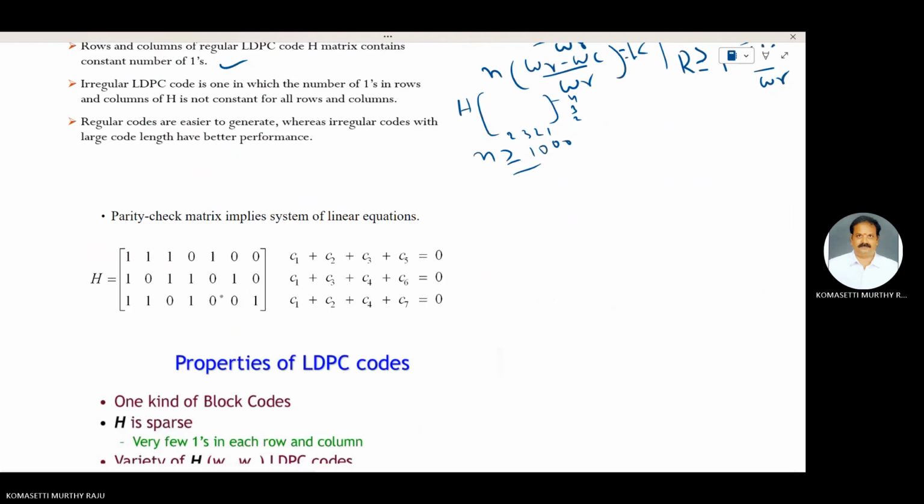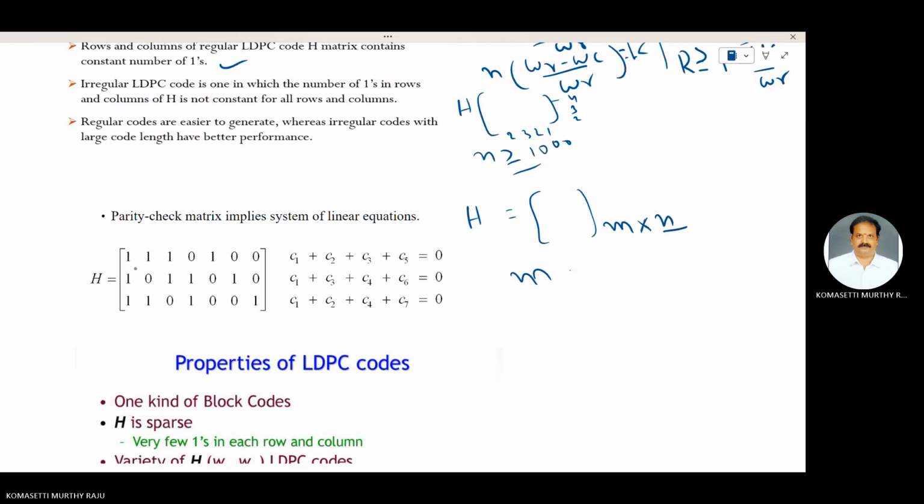This is the parity check matrix. Generally, the dimensions of H are m cross n, where m is the number of parity check equations, or the number of rows of the H matrix, and n is called the block length.